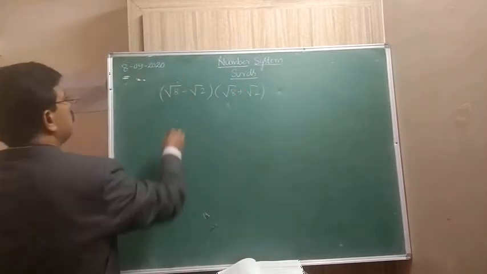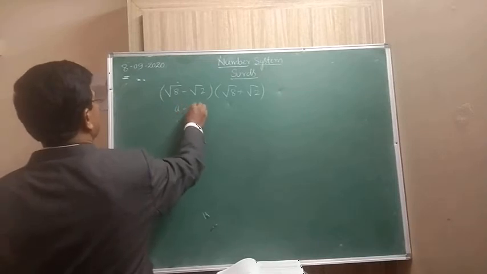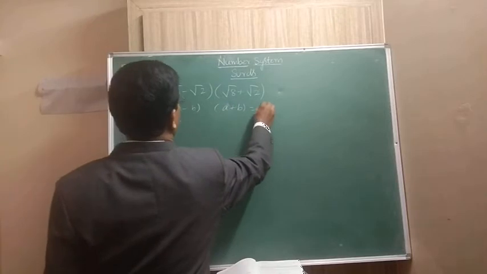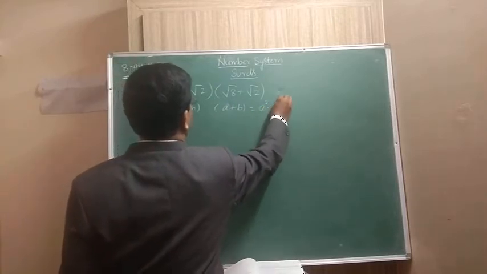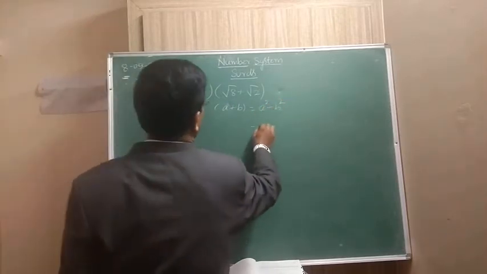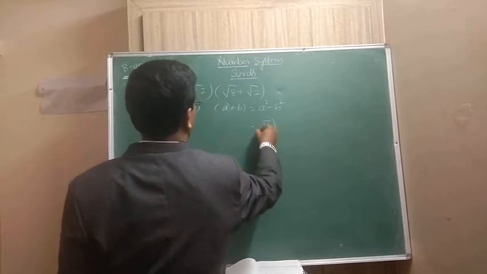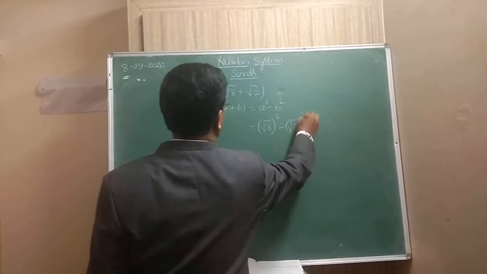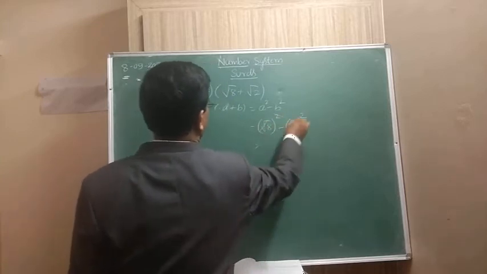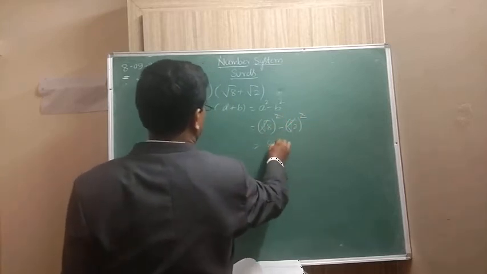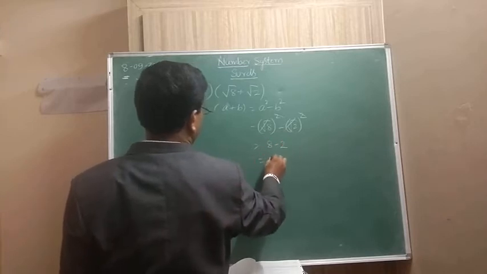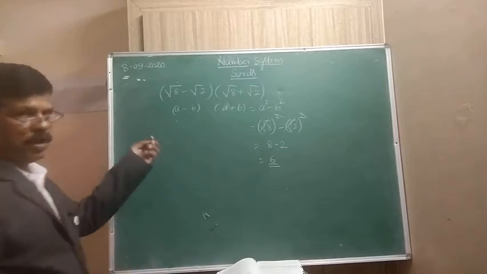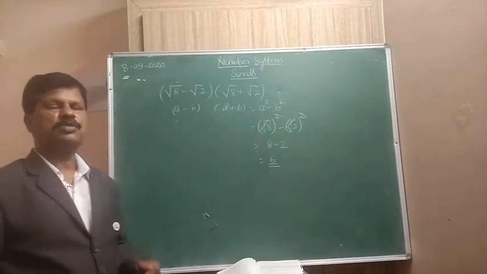This is a minus b into a plus b, equal to a squared minus b squared. So a is root 8 whole squared and b is root 2 whole squared. Then the square root gets cancelled. 8 minus 2 is equal to 6. This is the a plus b into a minus b formula.